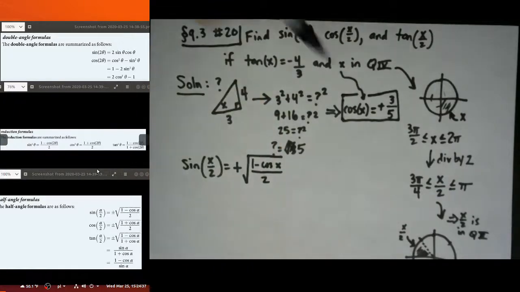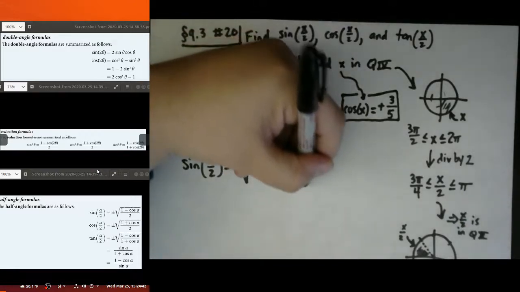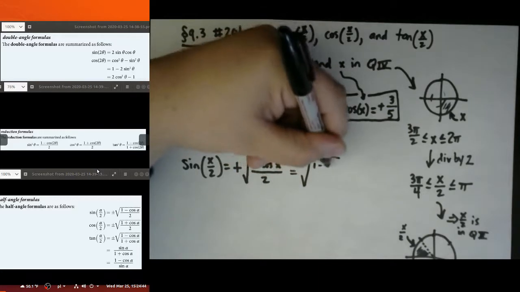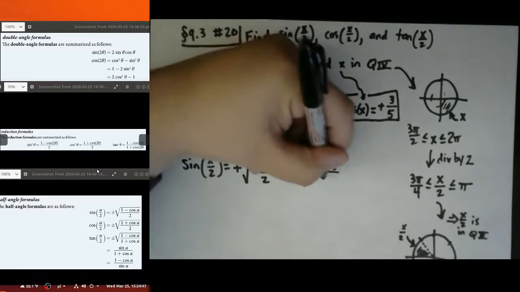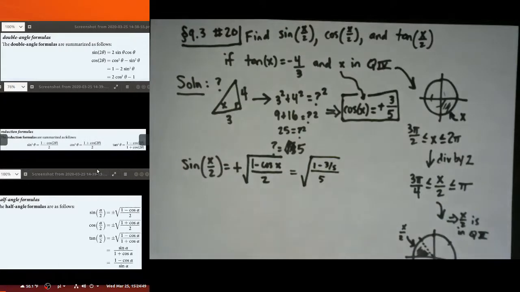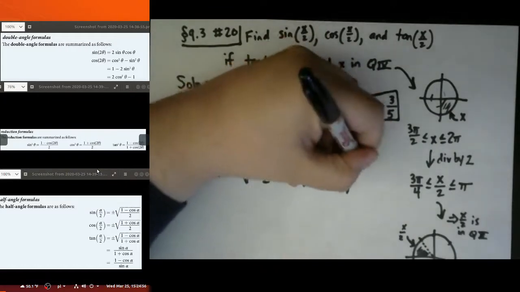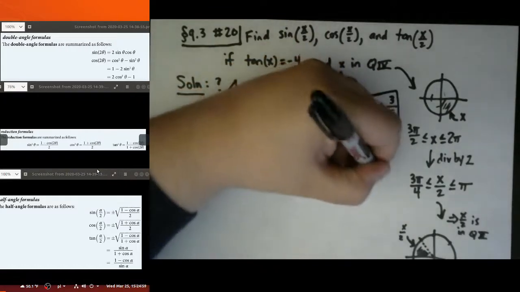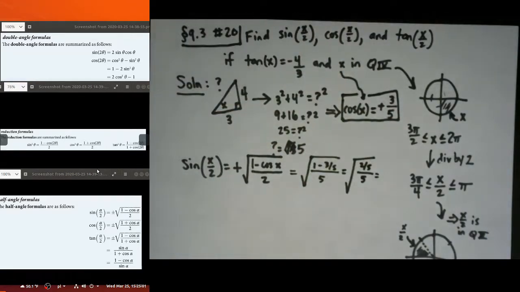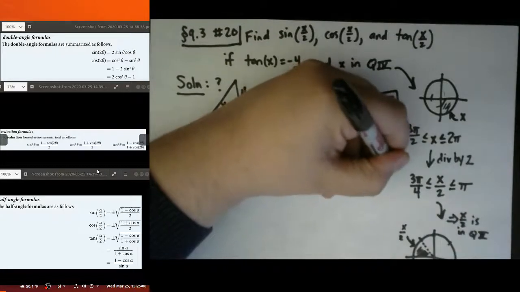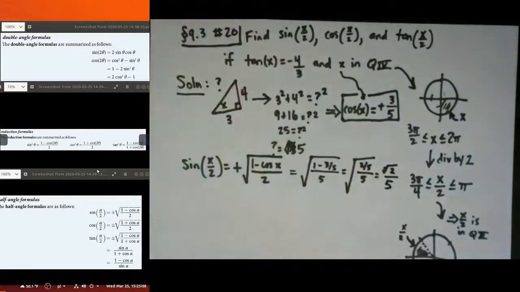Well, we know cosine x. It's positive 3/5. So I get square root of 1 minus 3 over 5 all over 2. And we can clean that up a little bit if we wanted to. It would be square root of 2/5 over 2, and that 2/5 over 2 is really 1 over 5. So you could write it as root 1 over 5 if you like. But I would accept this as an answer as far as I'm concerned.